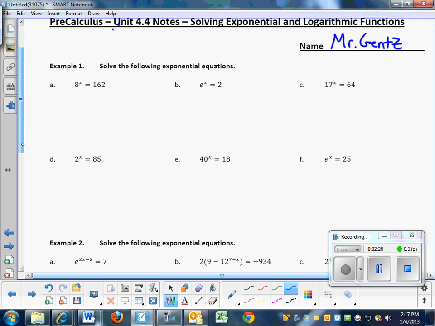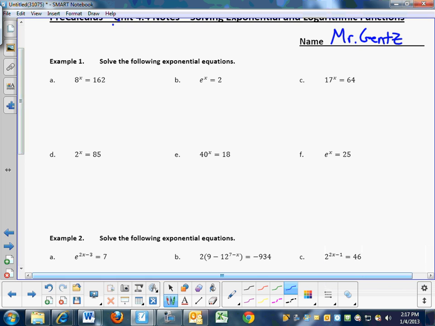Now, this is review from last year, but I do know that we're going more quickly, but it should be somewhat familiar. If I want the 8 to go away and leave me with just the x, I'm going to take the log base 8 of 8 to the x.